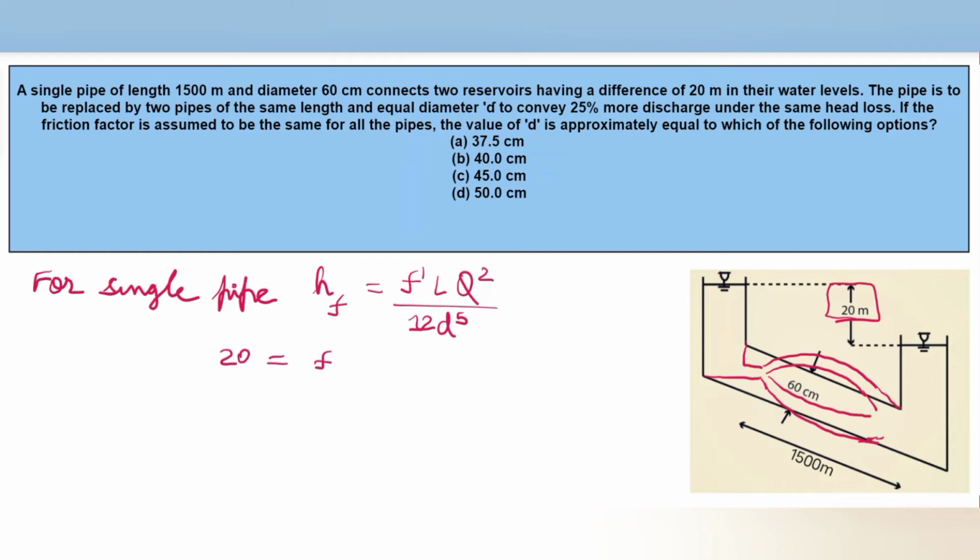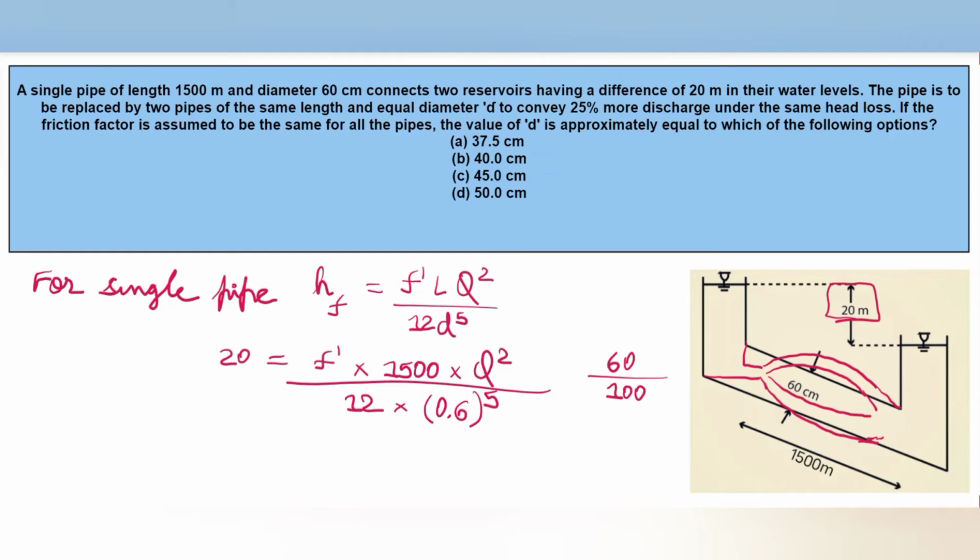The level difference given to us is 20 meter. Therefore 20 will be equal to F dash into L. Now L is 1500 meter into Q square upon 12 d raised to 5. D is 60 centimeter, converting it to meter, so it will be 60 upon 100, which is 0.6.